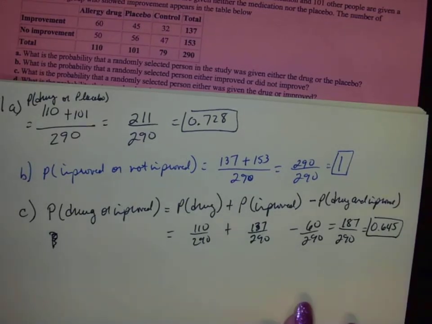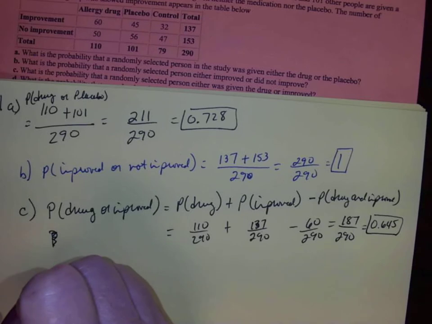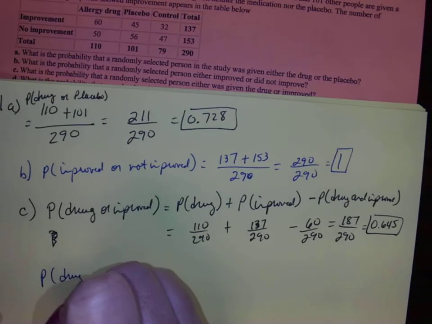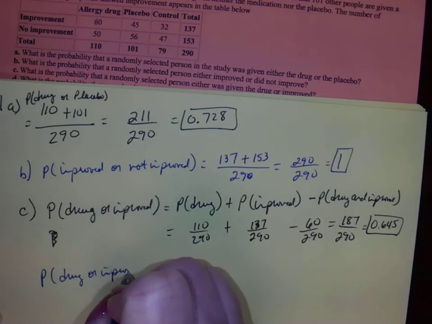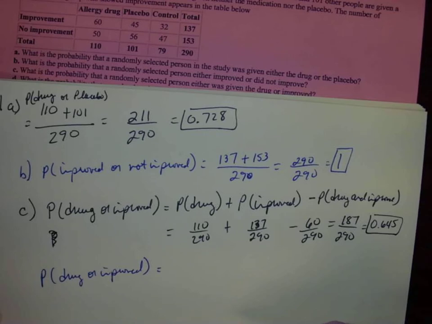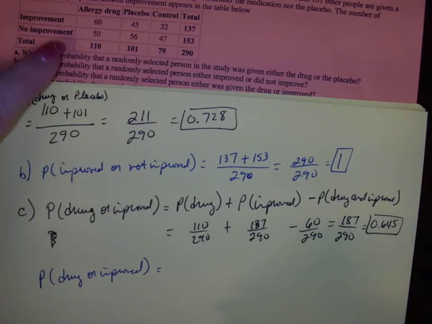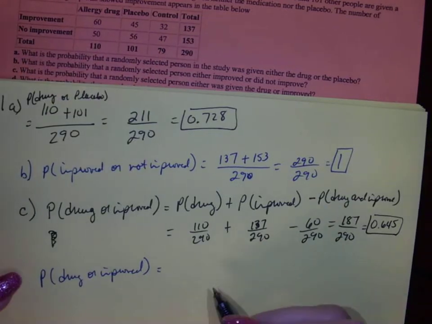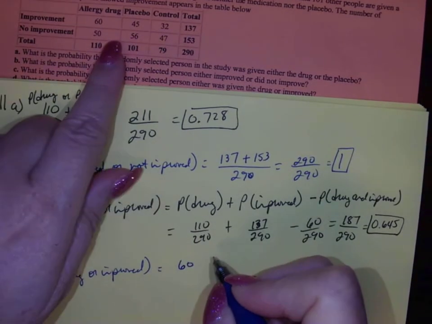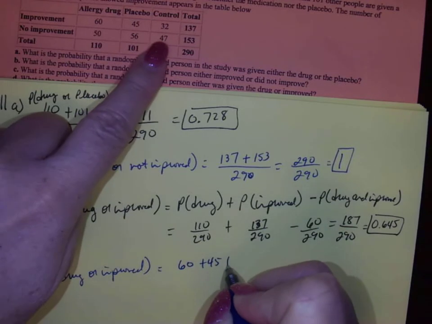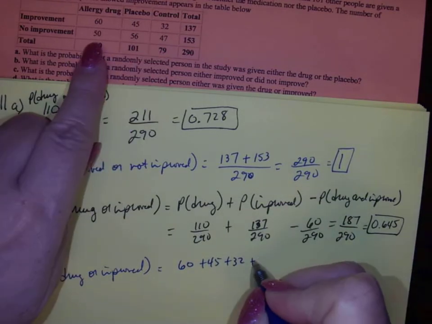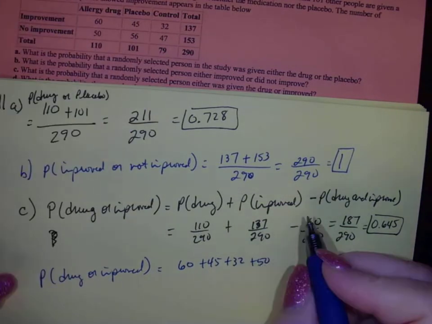All right? Now, there's also another way you could look at it if you want to do it this way. It's still the probability of the drug or improved. And what you can do is just add up the numbers and include everything that improved and then this. So you could add the separate numbers. So 60, I'll go across for improved first, 45, 32, and the 50, that's still the other number in the drug.